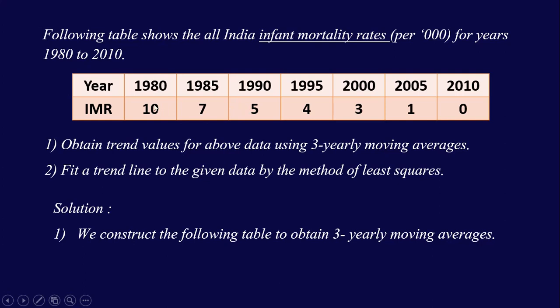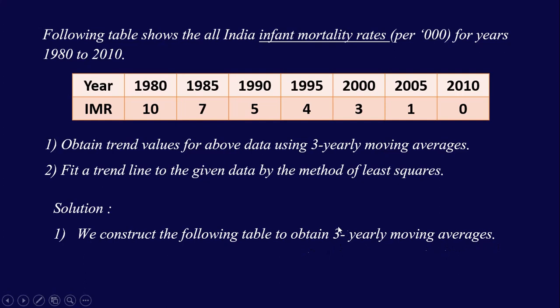Then we skip this first observation, then take the next set of three observations: 7, 5, 4. We take the average of these 3 years. Then we skip this and take these three values, take their average, then we skip this, take the average of the next three, then we take the average of the next three values. And these are 3 yearly moving averages.